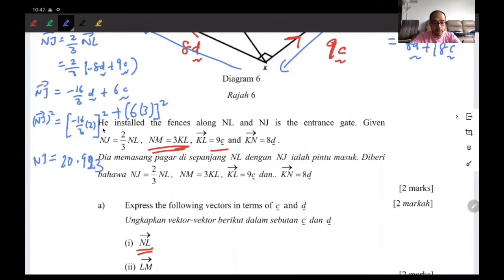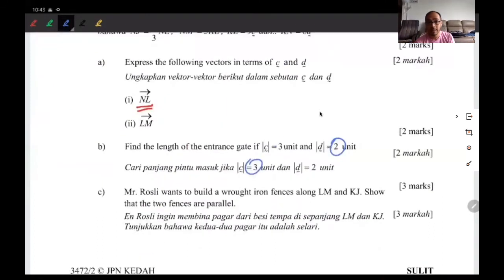The way to calculate magnitude doesn't change. You still take the numbers and square them. But because you have the D vector and the C vector, they have given you the magnitudes of D and C, so you put that in and square the whole thing.